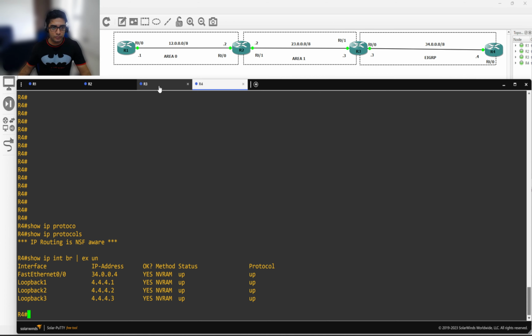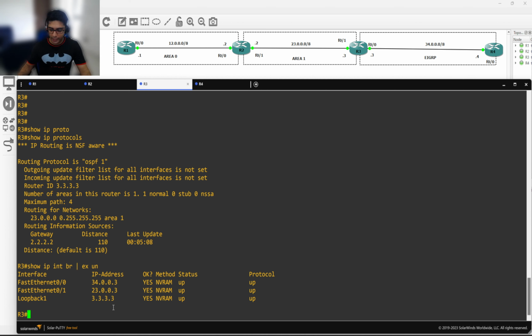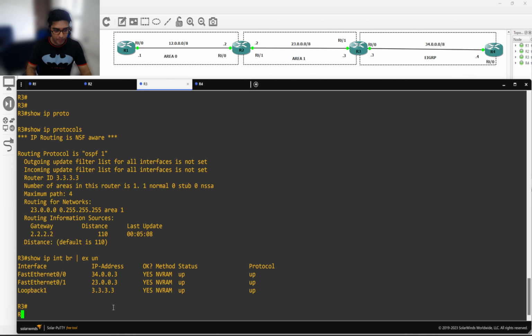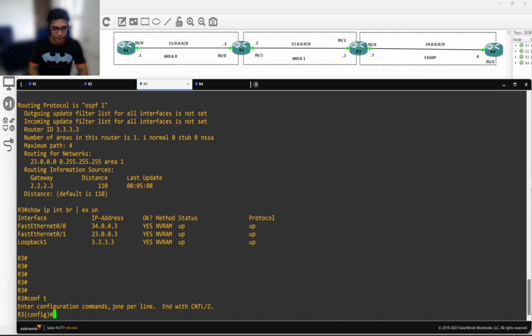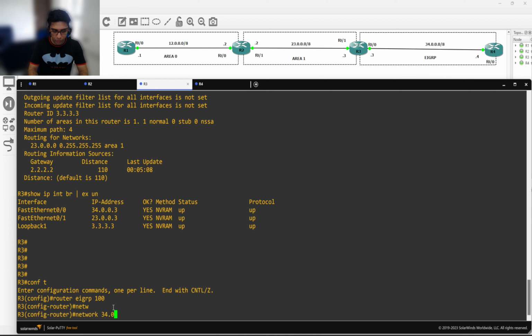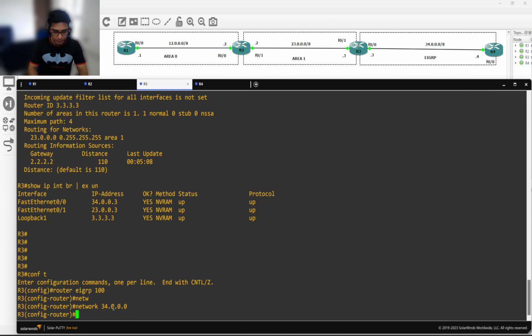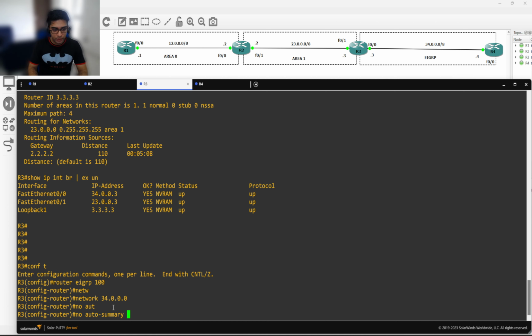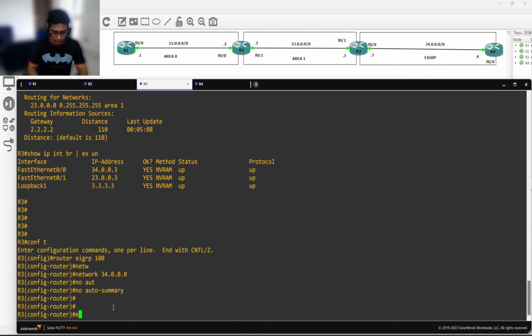So on R3, let's create EIGRP. Configuration terminal, router eigrp 100, network 34.0.0.0, which is the network that is facing R4. Enter. Then no auto-summary. End.